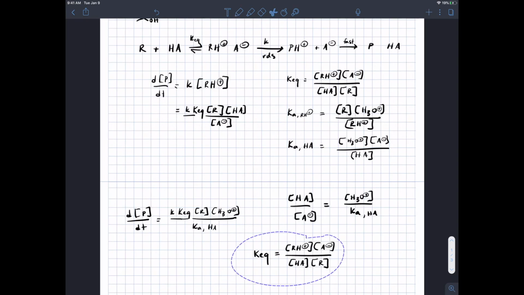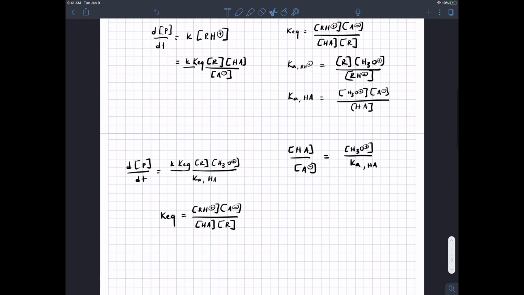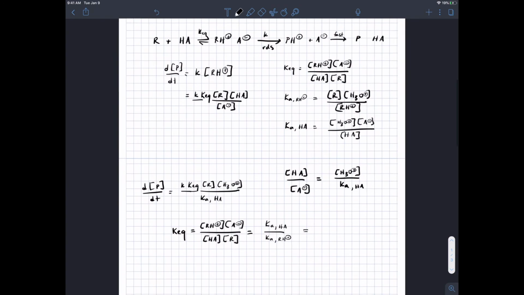So what I want to show you is that our equilibrium constant for that first reaction is equal to the ratio of the Kas for our acid that we've added and then our protonated starting material.